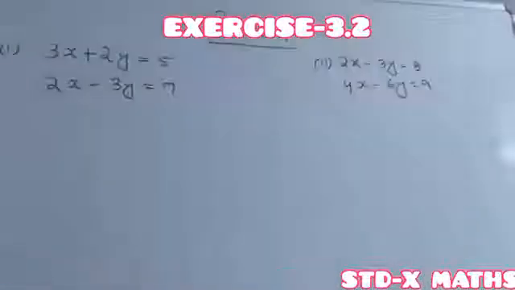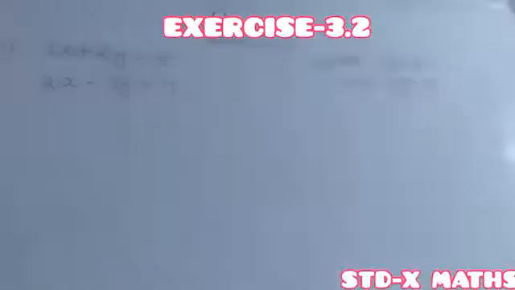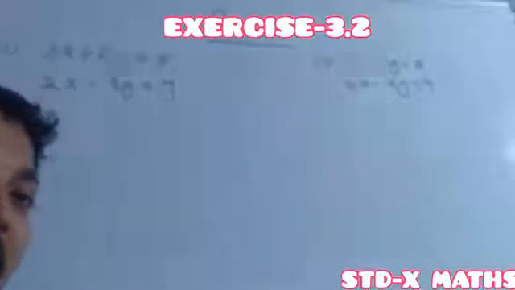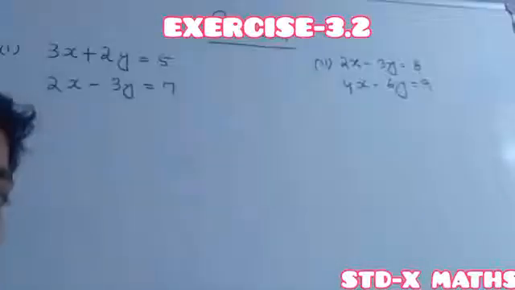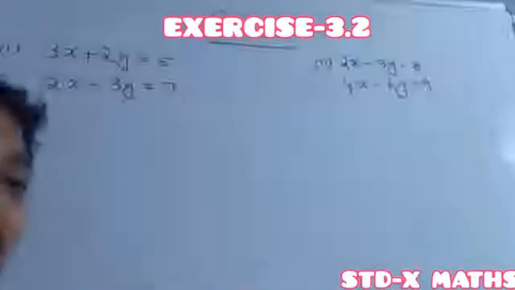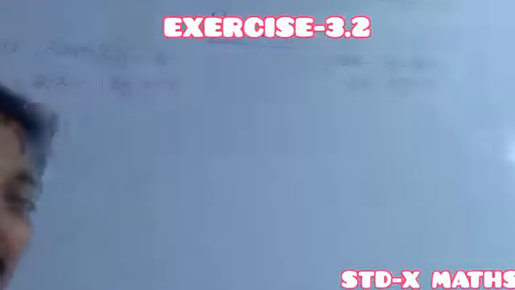In question number 3, you just have to compare the ratios of the coefficient of x, the coefficient of y and the constant, and then say whether the linear equations are consistent or inconsistent. Actually, consistent means having a single solution. Having many solutions is also consistent. So under consistent, two situations come.